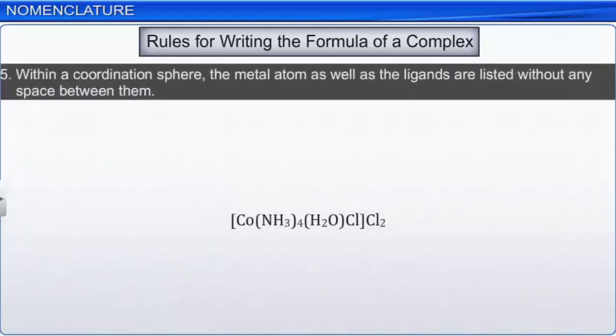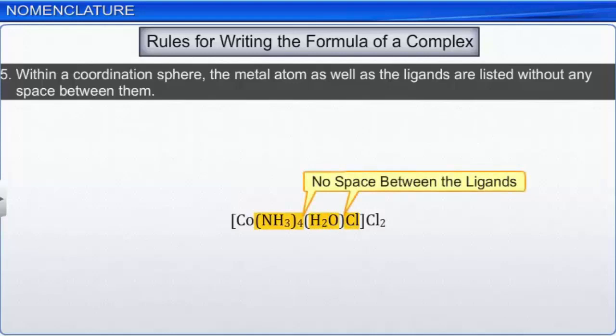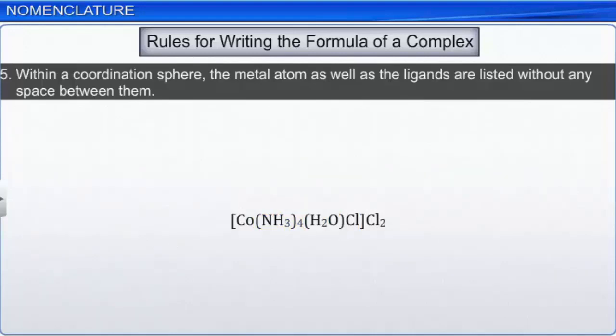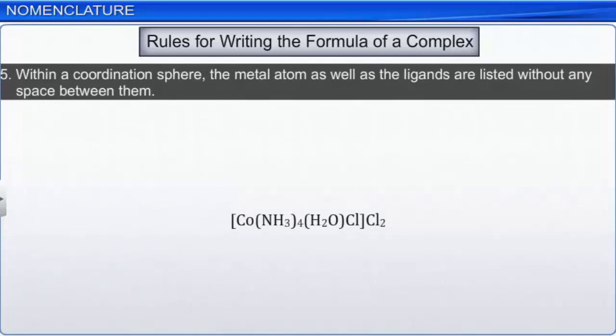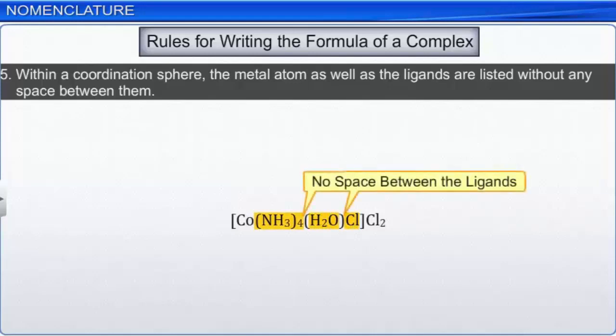The fifth rule for writing the name or the formula of the coordination complex, with the help of an example, let us study. Here a cationic complex is given. So how will you name this complex? There are 4 ammine, so tetraammine, one molecule of water, aqua, and one chloride ion, chlorido, cobalt. So the name of the coordination sphere is tetraammineaquachloridocobalt.